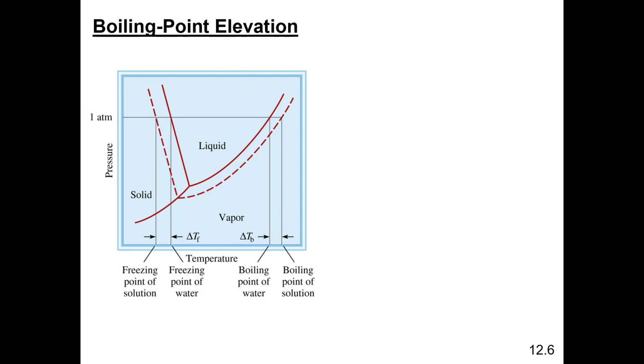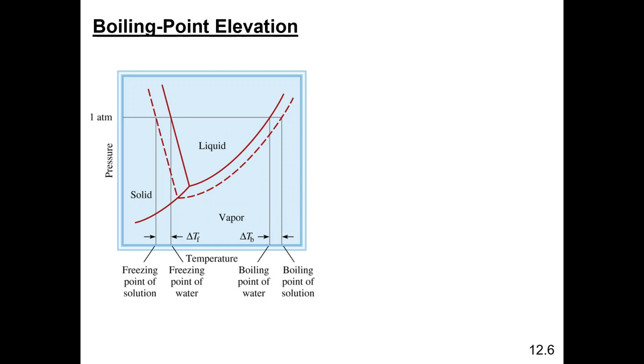For example, if you look at the coolants that you add to your motor vehicles to prevent them from overheating, this is an example of boiling point elevation because the coolant contains a solution of a compound known as ethylene glycol. And what ethylene glycol does to the solution is elevate the boiling point.